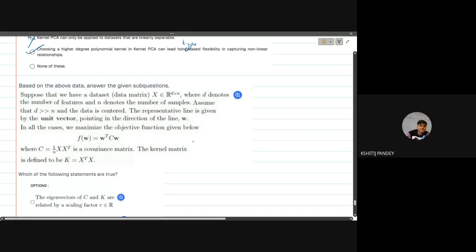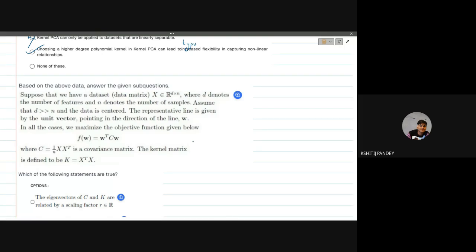So suppose that we have a data set, data matrix, and this X belongs to R D cross N, where D denotes the number of features and N denotes the number of samples. Assume that D is very large compared to N and the data is centered.